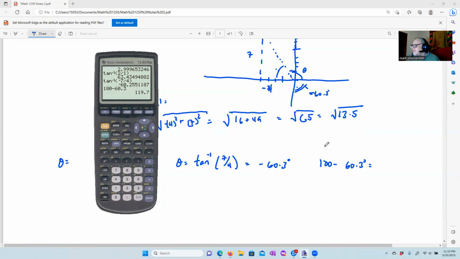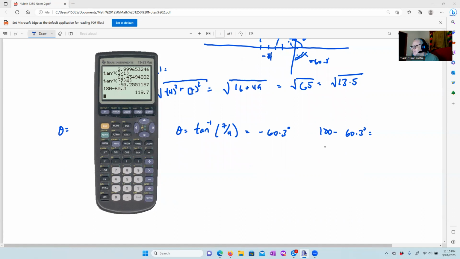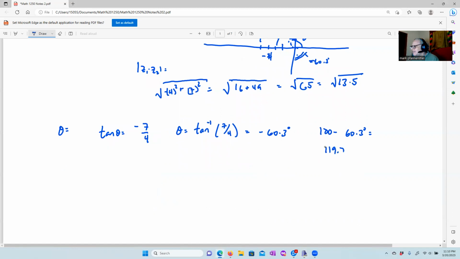There we go. We ended up with 119.7 degrees. Just to recap, we're looking at this angle here, this is 119.7 degrees, and this value here is the square root of 65.